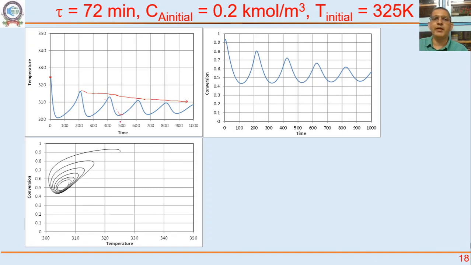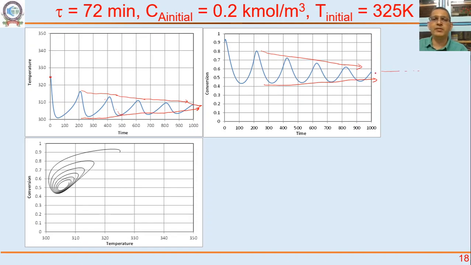The peak temperature is reducing, the minimum temperature is increasing, and it will approach a steady state. In terms of conversion versus time, conversion reduces, goes up, reduces, goes up. The oscillations are dying out, so it is approaching steady state.